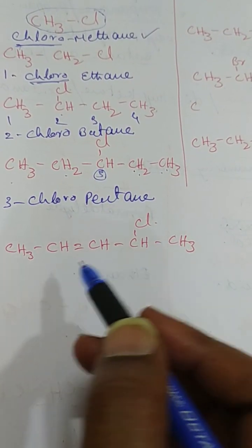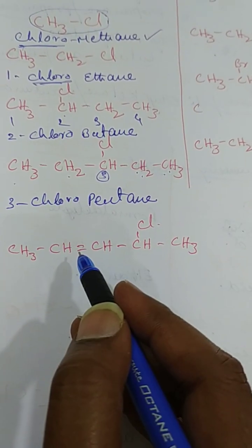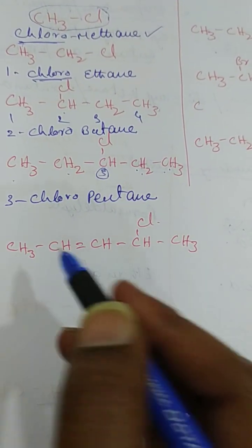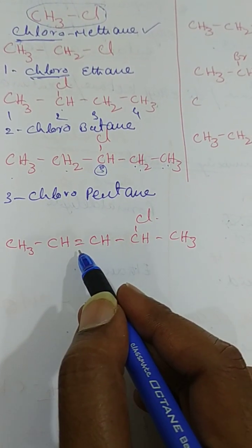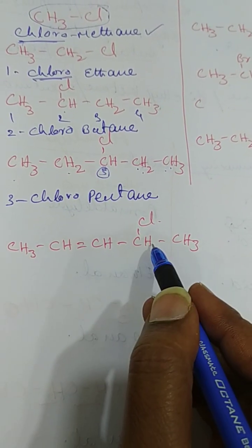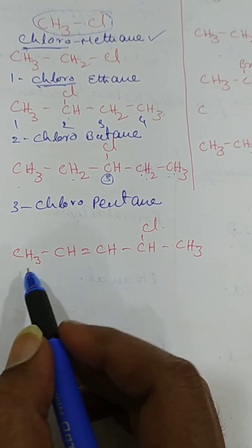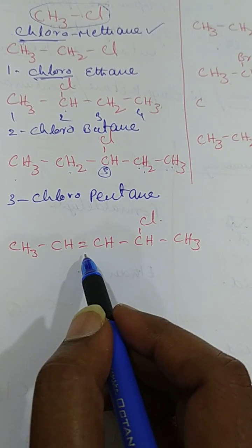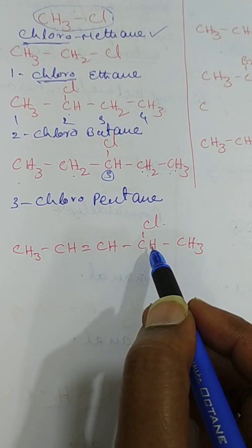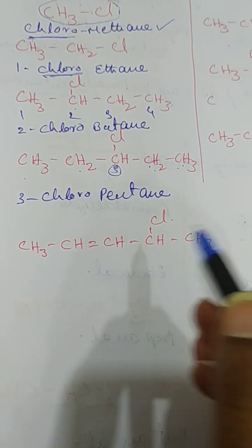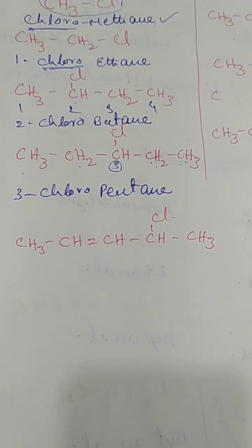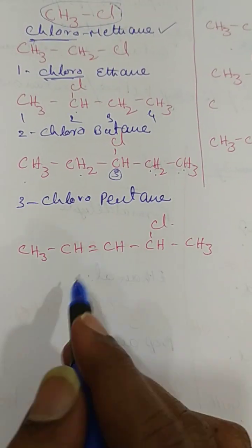Chlorine has one number and the double bond has another number, so both have different numbers. If you count 1, 2, 3, the third carbon has the double bond, the second carbon has chlorine. If you count from here 1, 2, the second carbon has the double bond and the fourth carbon has chlorine. So in this condition you have to give the least numbering to the functional group, not to the double bond.